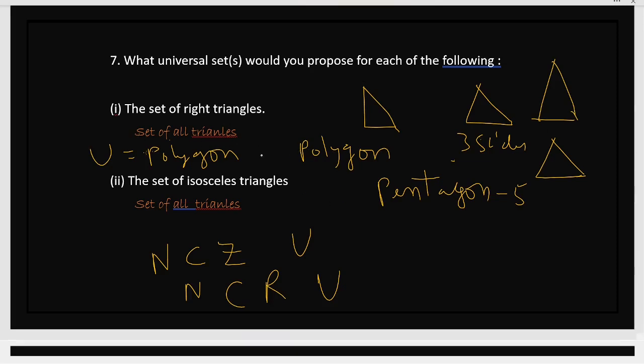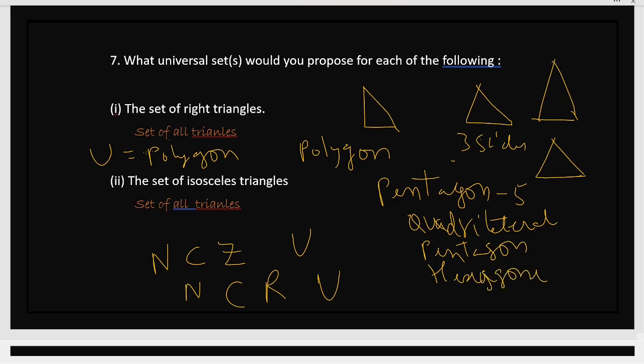Now also we can see that a triangle is a part of a polygon. Polygons consist of quadrilateral, pentagon, hexagon, like that. Depending on the number of sides, you will have different polygons.